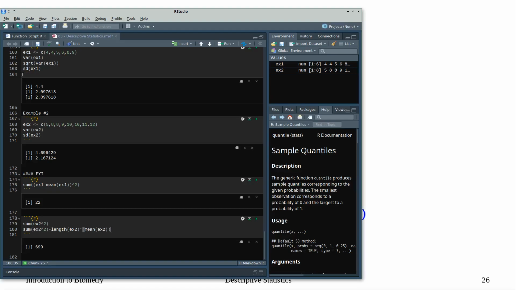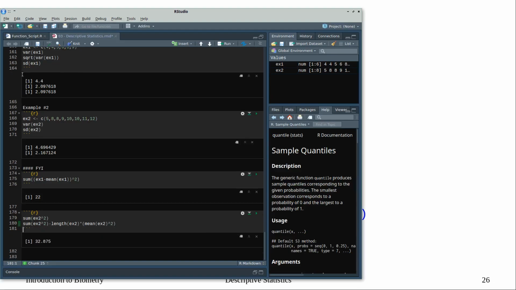So I'm going to go ahead and put that in parentheses and square it so that it gets squared before we calculate it. It will also work if we do square inside of the parentheses. And when we run that, we get 32.875. That's exactly how we did it.